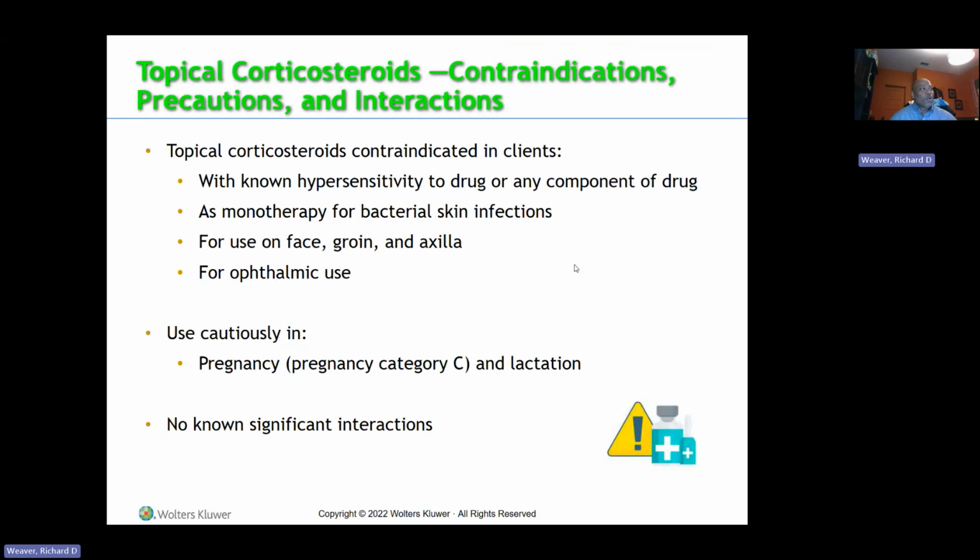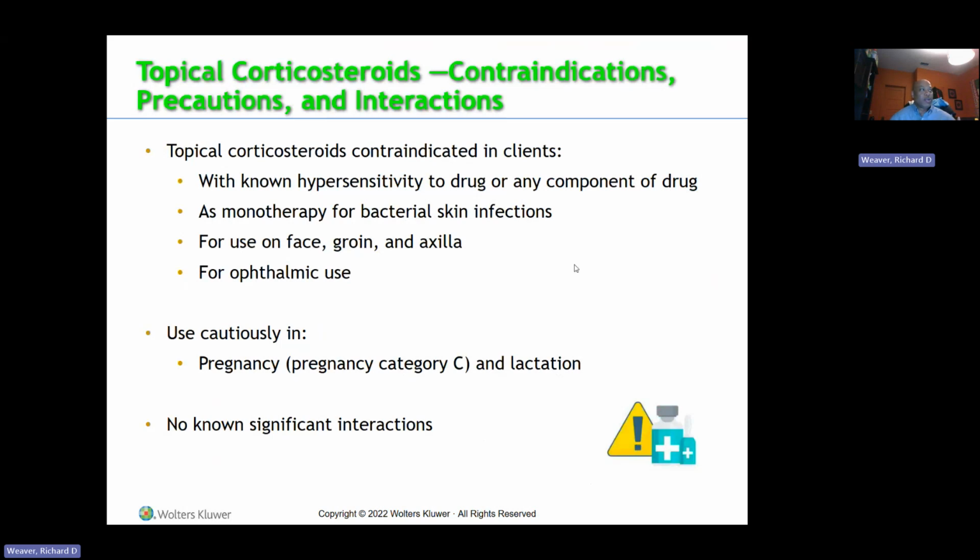All right. So your topical corticosteroids, some of the contraindications, precautions, as well as interactions. Obviously, if there's a hypersensitivity issue, we do not give it. It's also contraindicated as monotherapy for bacterial skin infections.